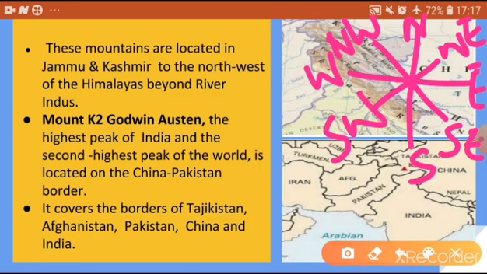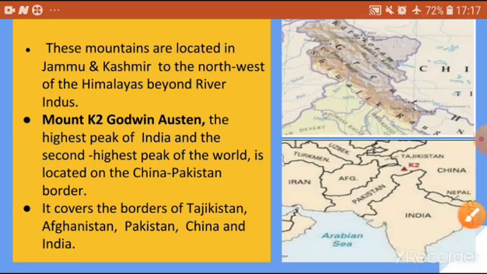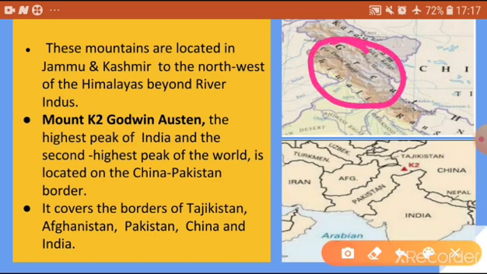So total there are 4 main directions and 4 intermediate directions. Here our Karakoram ranges are located in the northwest direction and in Jammu and Kashmir, here in this area.